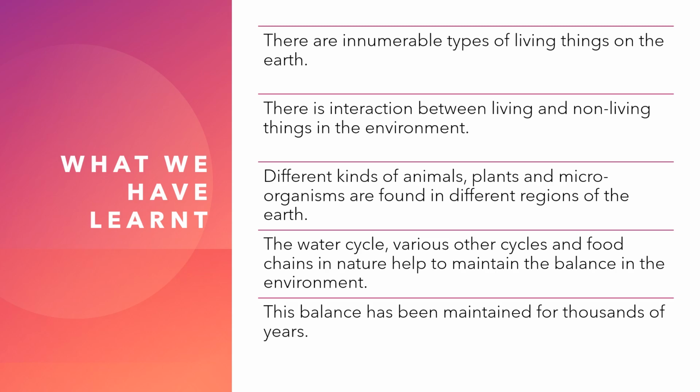Different kinds of animals, plants, and microorganisms are found in different regions of the earth, and all these living organisms are very important to balance the environment. The water cycle, various other cycles, and food chains in nature help to maintain the balance in the environment, and this balance has been maintained for thousands of years.